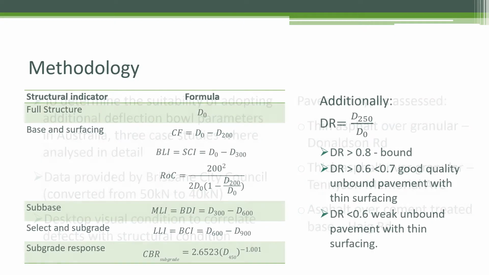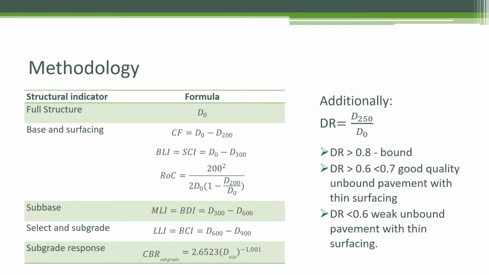The selected deflection bulb parameters for the analysis are as shown in this slide, and they include the base layer index, the radius of curvature for South Africa, the middle layer index, the lower layer index, and the Australian parameters of the curvature function, the subgrade response, and the deflection ratio.